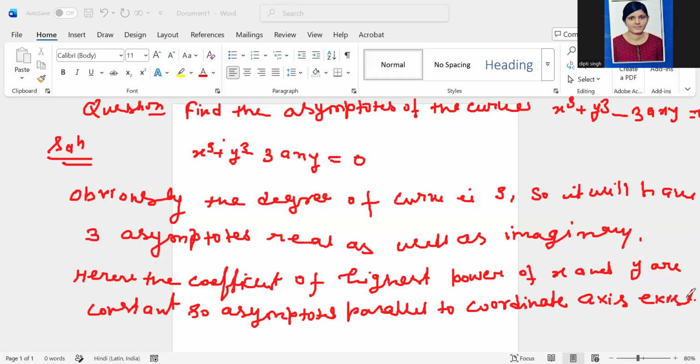Okay, so asymptotes will be of the form y equal to mx plus c.